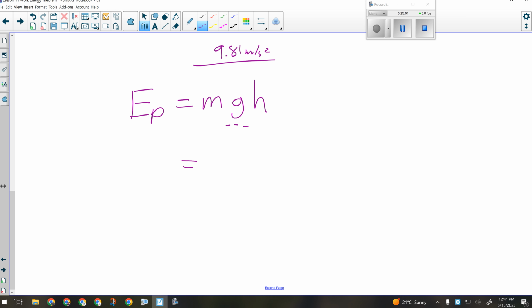And they come in these units. Mass is always going to be in kilograms. Acceleration is always meters per second squared. And height is always in meters. Okay, which means I get these units: kilogram meters squared per second squared.